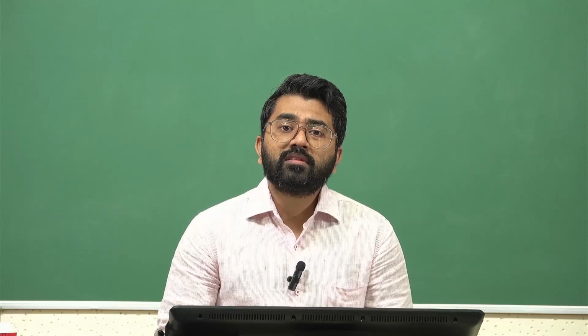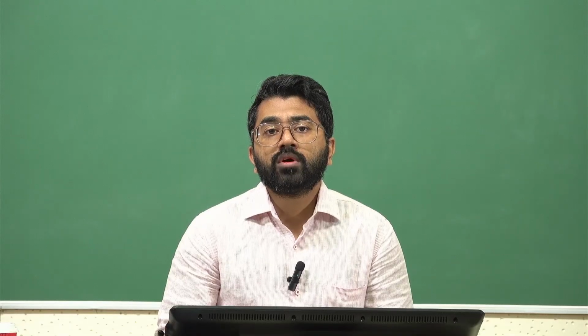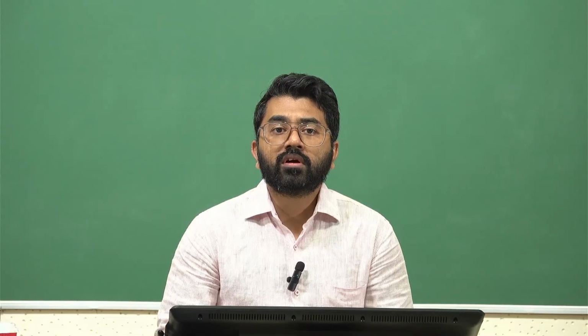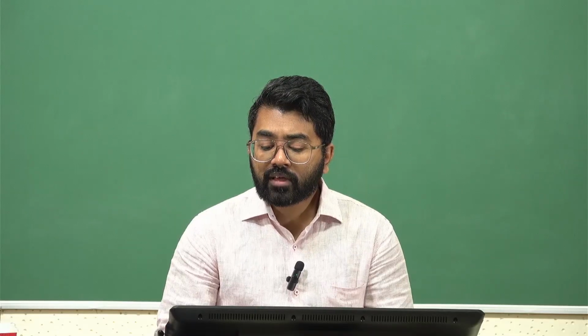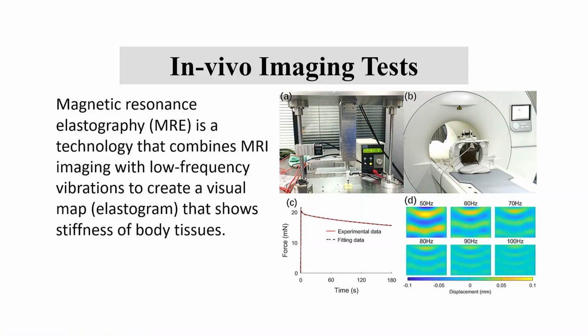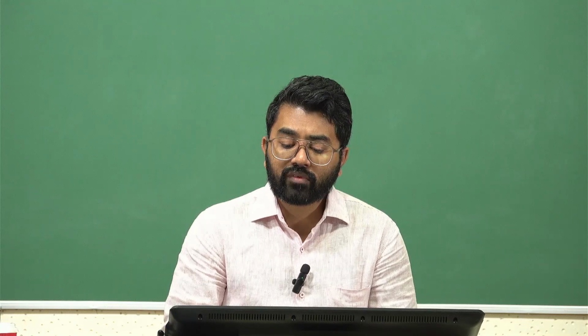So again, this description of the mechanical properties of the tissue may not hold ground when you're looking at high impact conditions, or conditions involving a lot of loading on the soft tissues, right? And on the right side, on part D, you're looking at the soft tissue responses to different frequencies of vibrations, right? You're looking at 50 hertz, 60 hertz, 70 hertz, and up till 100 hertz, right? So when you have a very high frequency, that means the vibration is going very quickly.